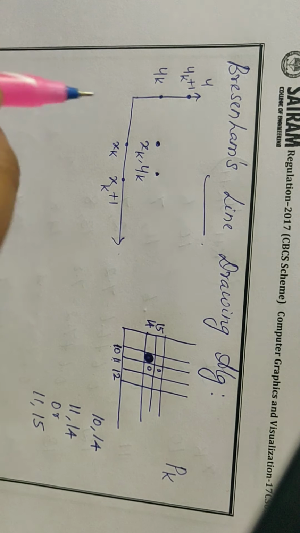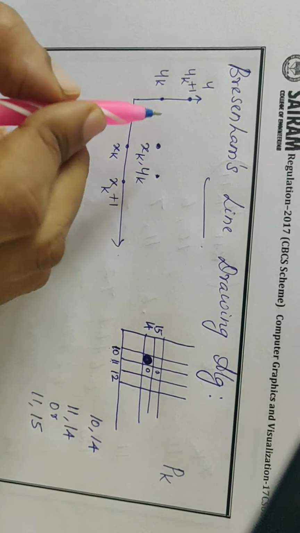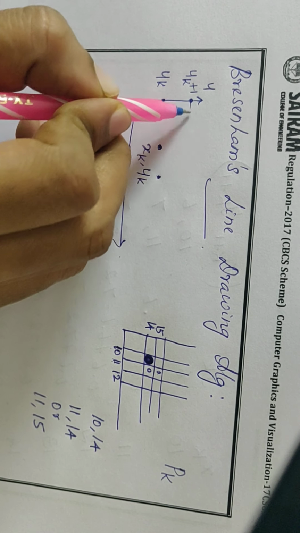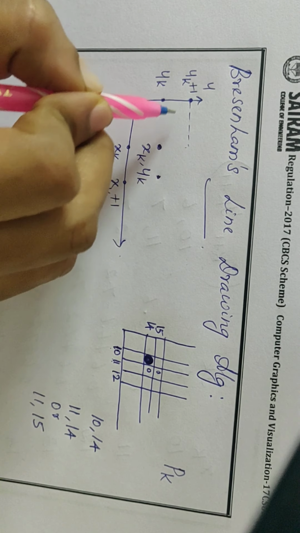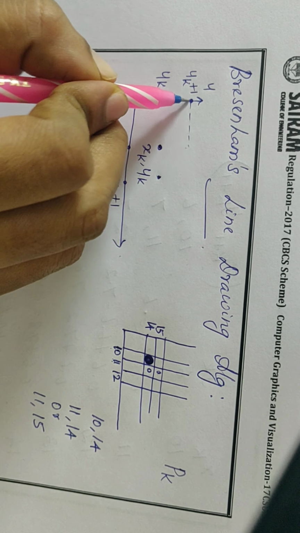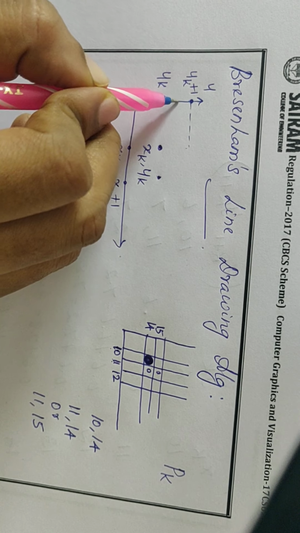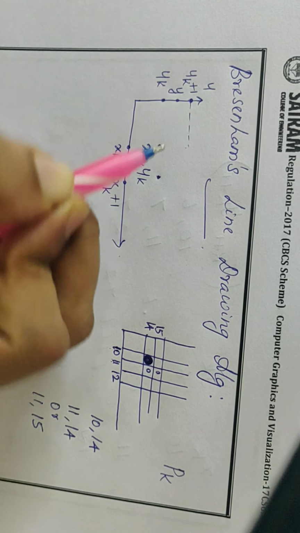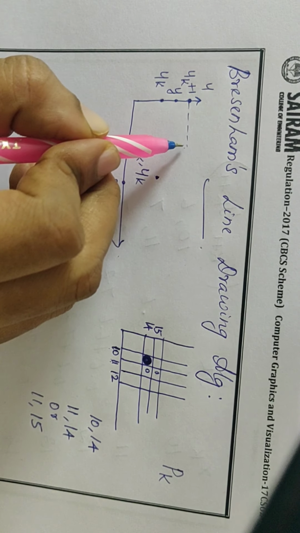So to decide this, I'll draw a reference line. Between this yk and yk plus 1, I'll mark a reference value. This reference value is y.